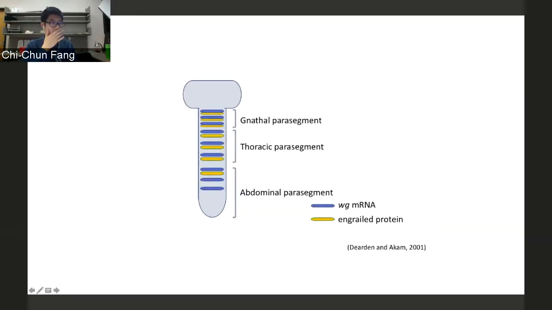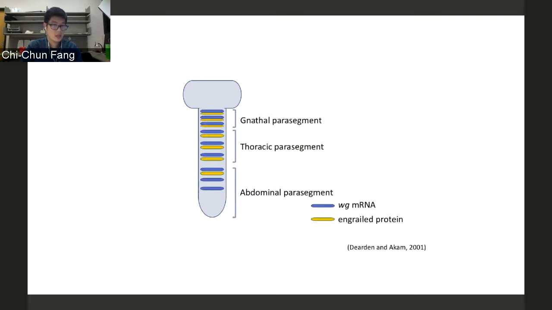And what do I want to show? There are 2 conserved genes involved in segmentation that you can see even in really different species. This is the example for grasshopper embryo development. Wingless is the first gene.